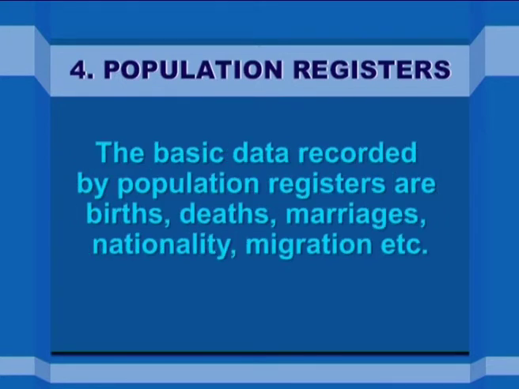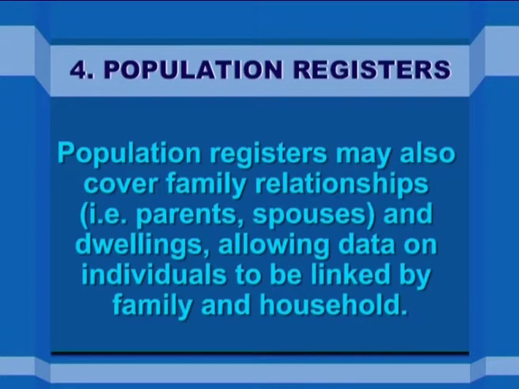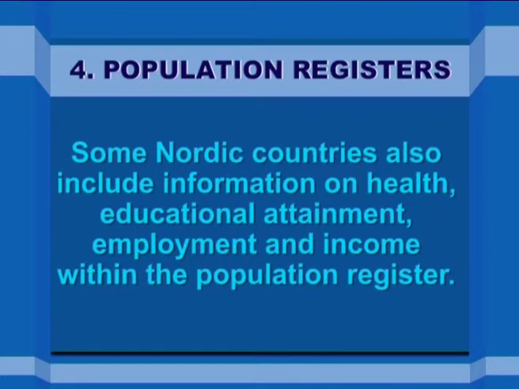The basic data recorded by population registers are births, deaths, marriages, nationality, migration, etc. Population registers may also cover family relationships, that is, parents, spouses, and dwellings, allowing data on individuals to be linked by family and household. Some Nordic countries also include information on health, educational attainment, employment, and income within the population registers.